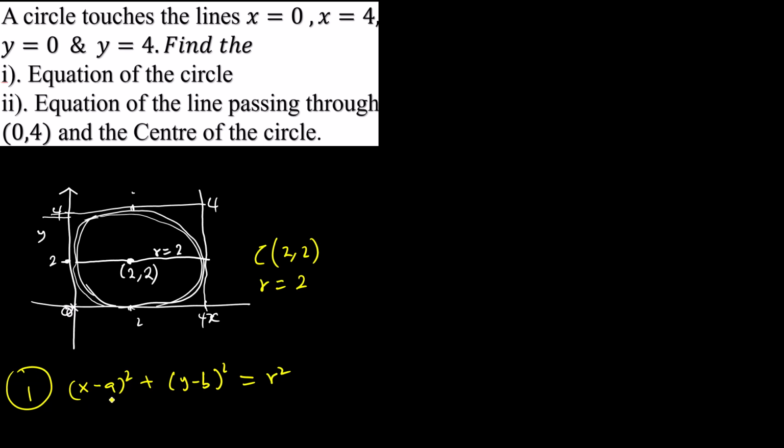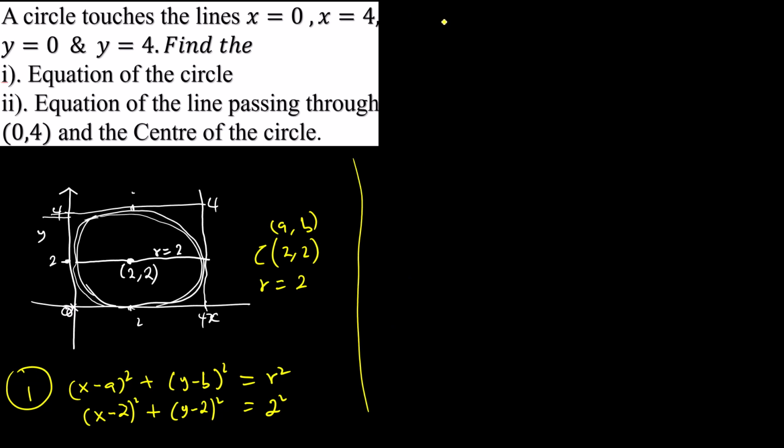So we can do the substitution: (x minus 2) squared plus (y minus 2) squared equals 2 squared. So a is 2, b is 2. That's nicely done here.